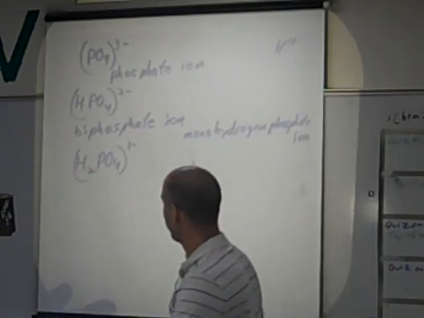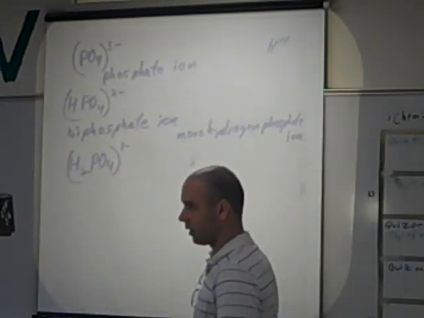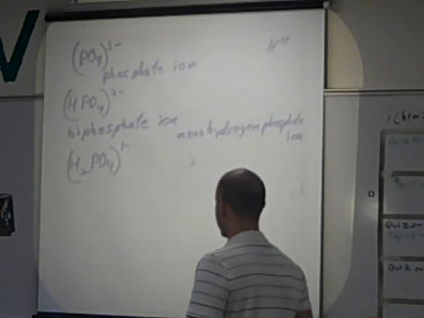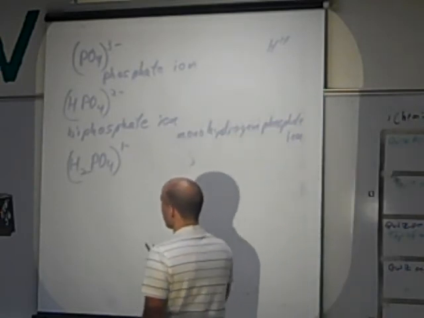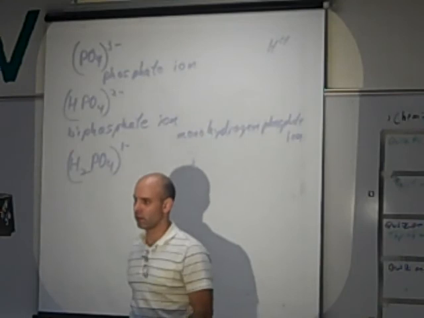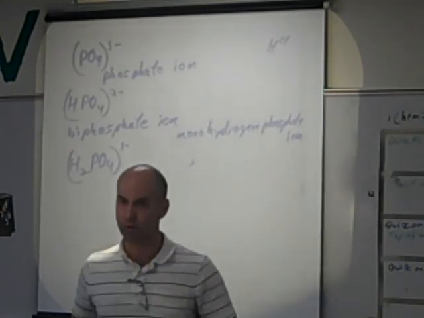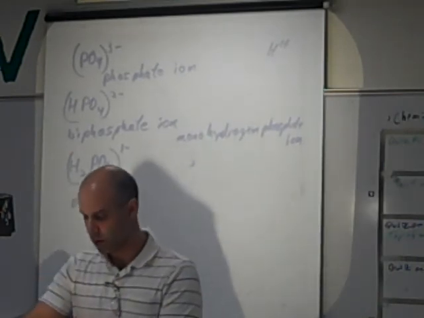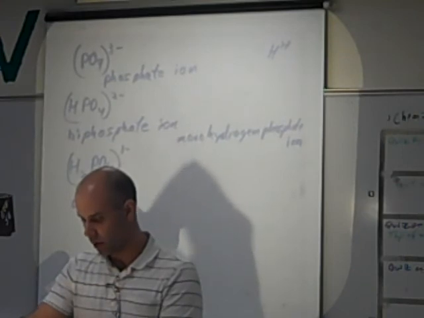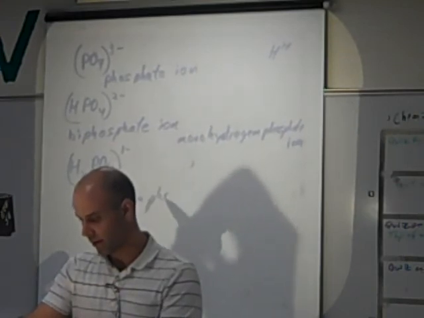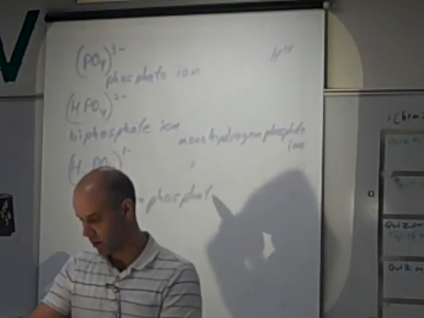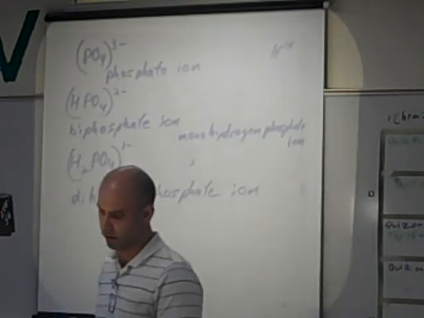There's only one way to name it. And that is the official way of naming it, the IUPAC. How many hydrogens do we have? 2. What's the Latin prefix for 2? Di. So it's going to be dihydrogen phosphate ion.